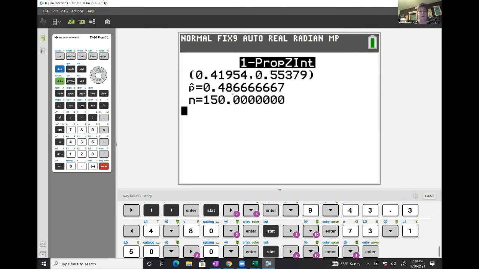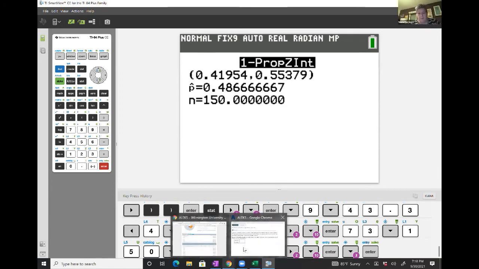I always subtract the p hat from the upper, because 0.55379 is bigger than 0.486 repeating. That gives the margin of error, and subtracting that from the p hat gets the 0.41954. They're all related cousins.